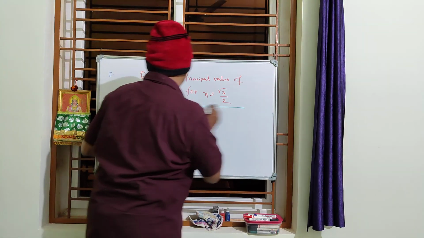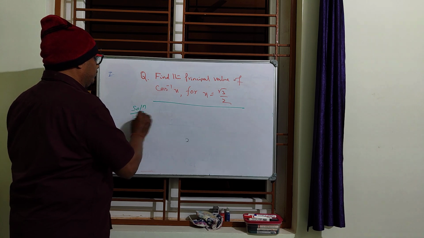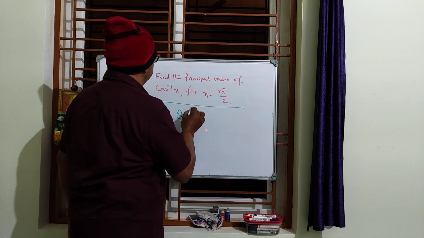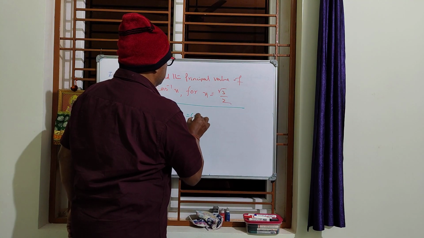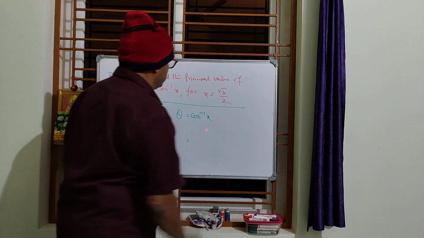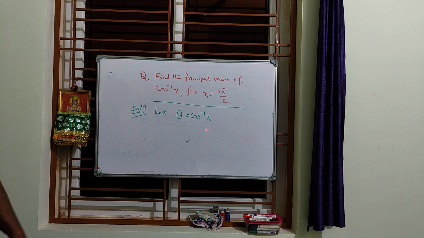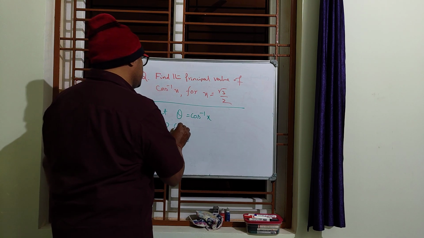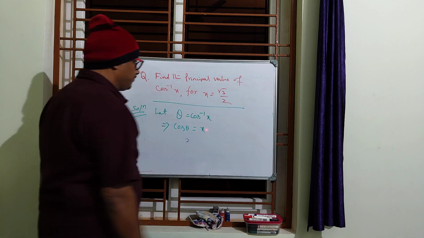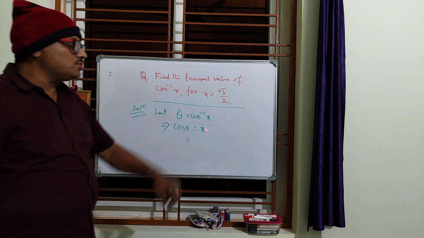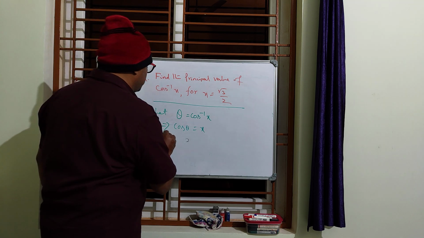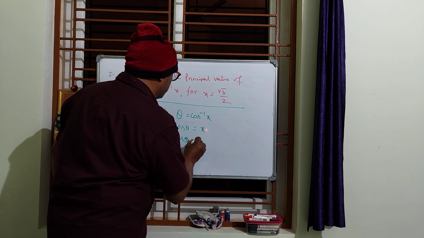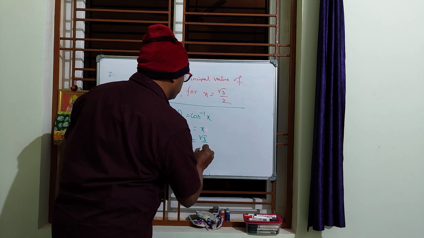Look here. Solution. Let theta equal cos inverse x. This implies cos theta equals x, where given that x is root 3 by 2. This implies cos theta equals root 3 by 2.